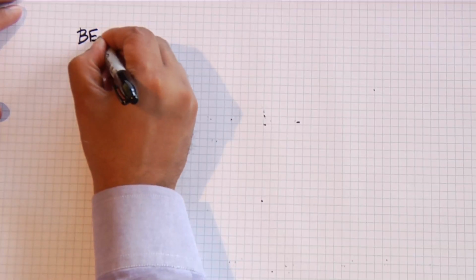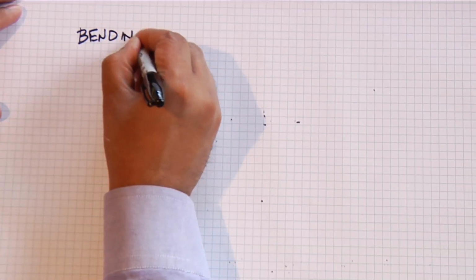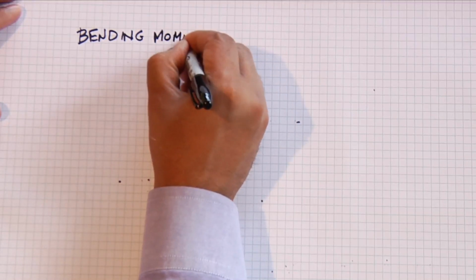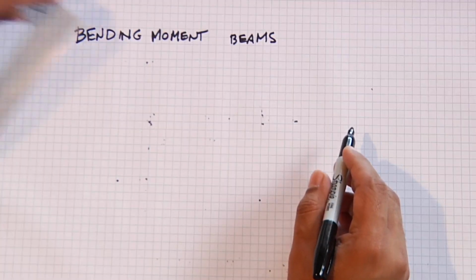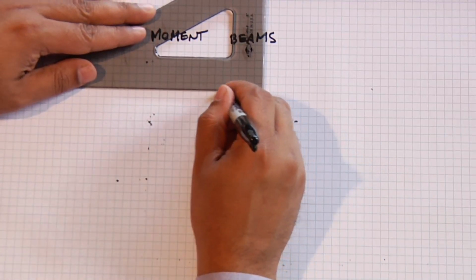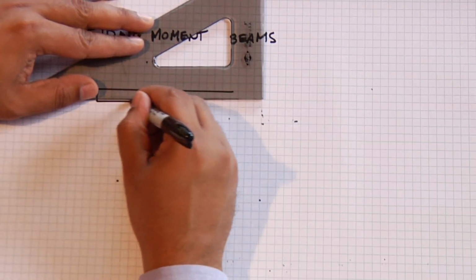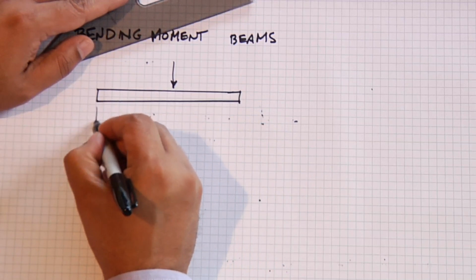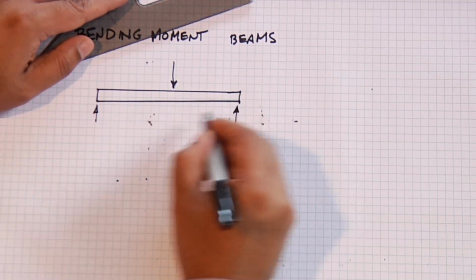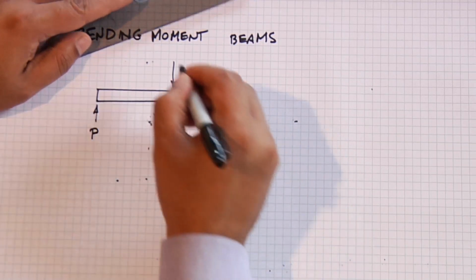So let's now look at the principle of bending moment as it applies to beams. When we have a beam which is taking a load perpendicular to it, and we'll use the simple beam for starters.